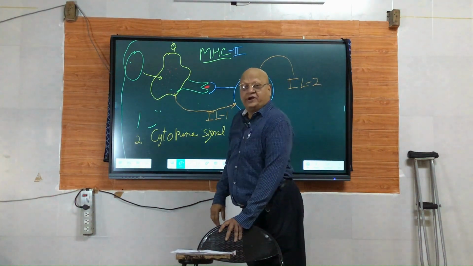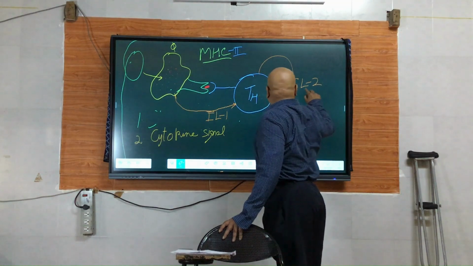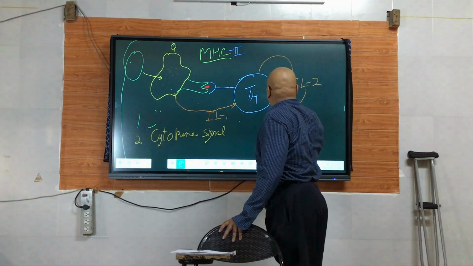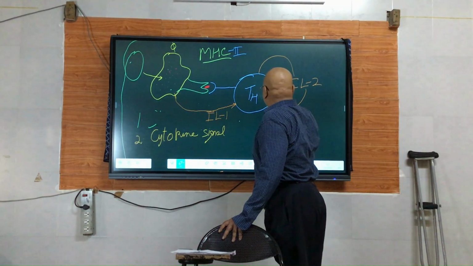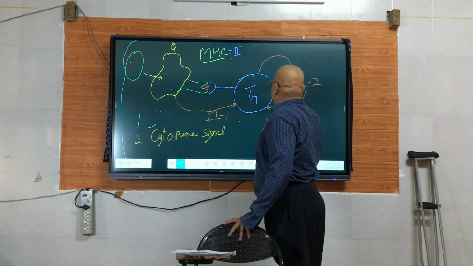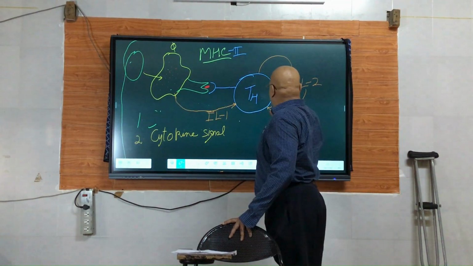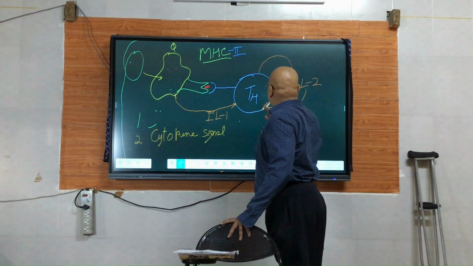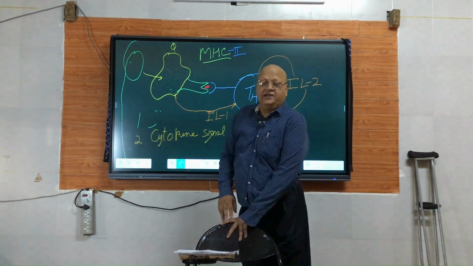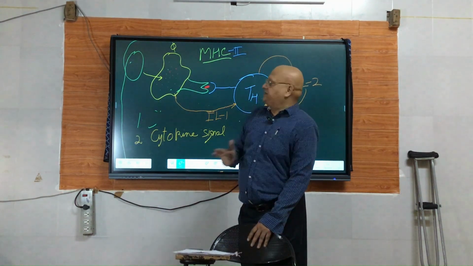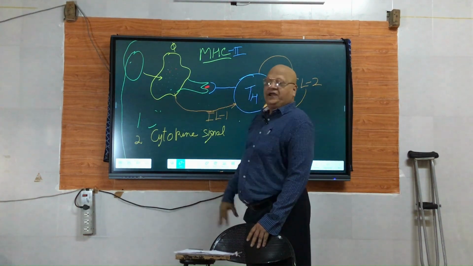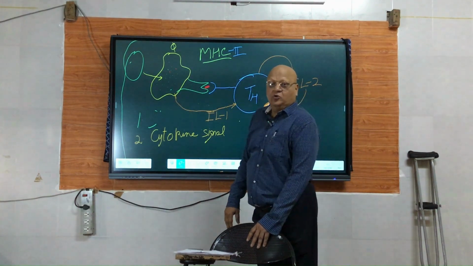Interleukin 2 has got an autocrine function. It acts on the same cell which secreted it, that is the T helper cell. In fact, an interesting point, they occupy a receptor on the T helper cell, and upregulation of this receptor is again caused by interleukin 2.